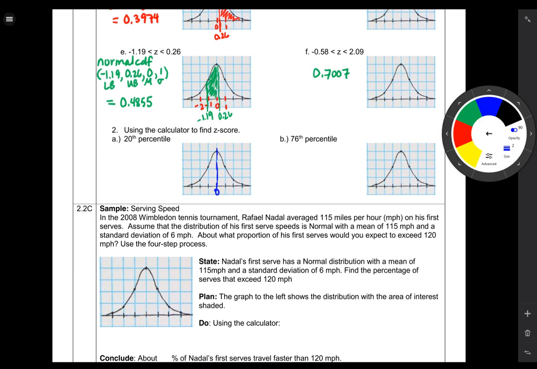And you know that this section right here was 34%, and this one was whatever it was, right? 13.5%. So shading it, you don't have to be precise about it, but just shade something like this. And don't worry about that line. So you're going to use inverse norm.